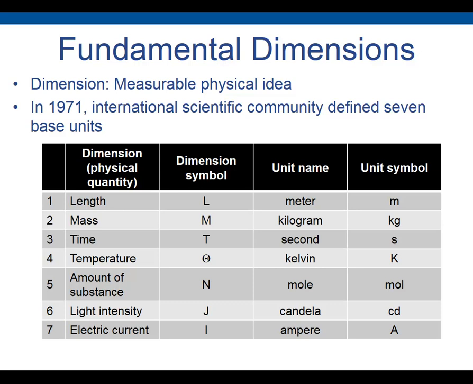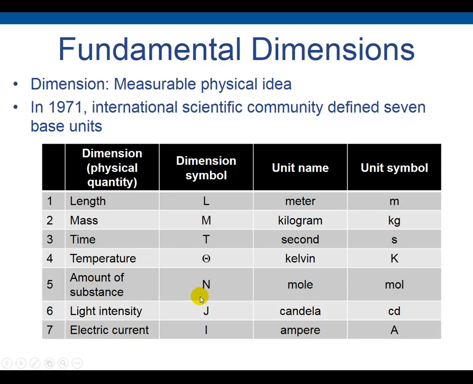So we can make any kind of dimension using these 7 dimensions. For example, length, mass, time, temperature, amount of substance, which you are probably familiar with if you learned chemistry, light intensity, and electric current.